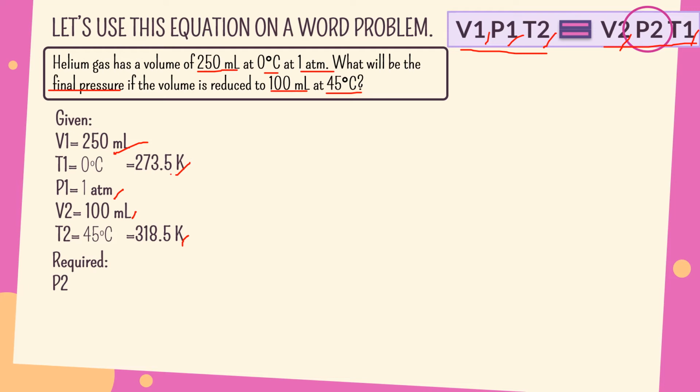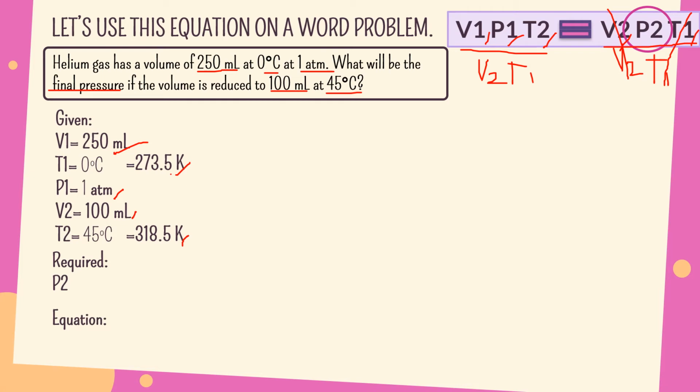The unknown is the final pressure, and the quantities beside it are the final volume and the initial temperature. So we divide both sides by final volume and initial temperature so that we can cancel them out on one side, and leave the final pressure, which is the required quantity, alone on one side of the equal sign.